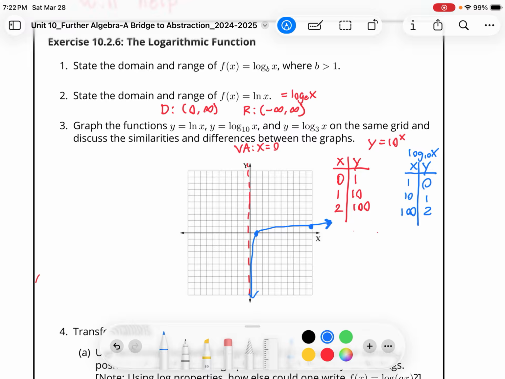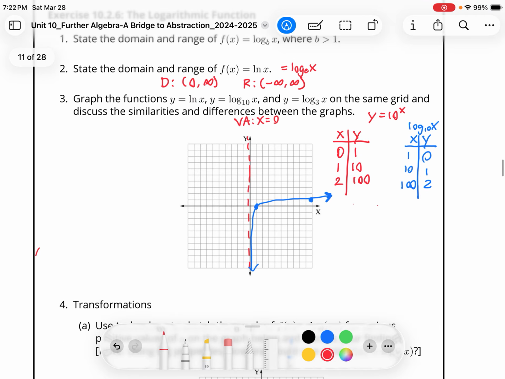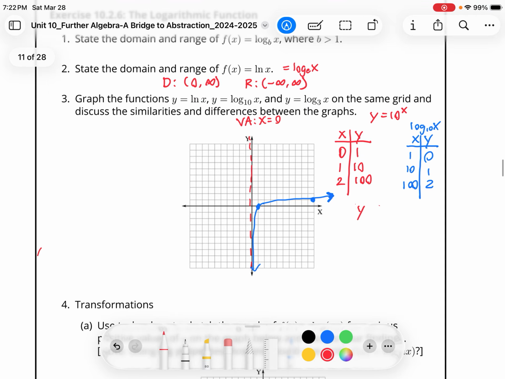Now, how would this look any different if it was log base 3? Well, for a log base 3, I'm going to go back over here and say, okay, I don't know where that is, but I can come up with x and y values for the exponential function. So what I can do is raise that to the 0 power. 3 to the 0 power is 1. 3 to the 1 power is 3. 3 to the second power is 9.